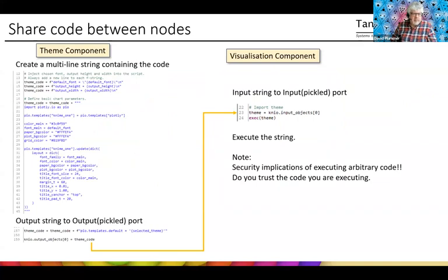It's picked up from the pickled input node, and then we execute the string. And executing the string is the same as having that code within the visualization component. So it's a way of replicating data across a number of nodes and having one location to update the code itself and execute it in several target components.